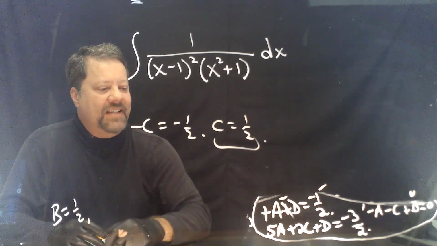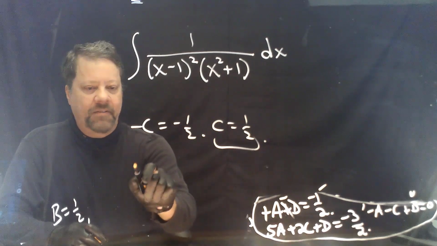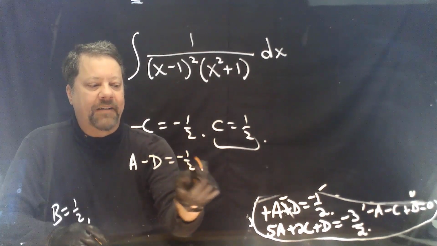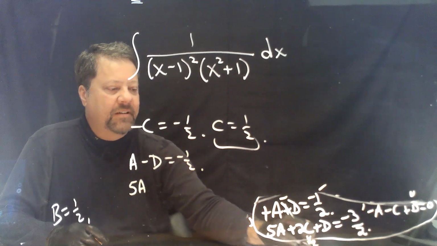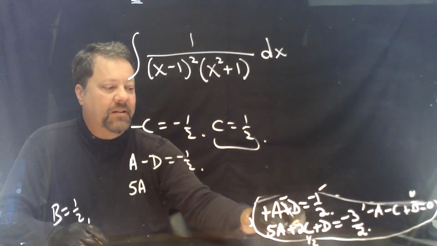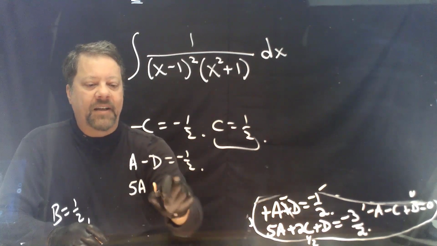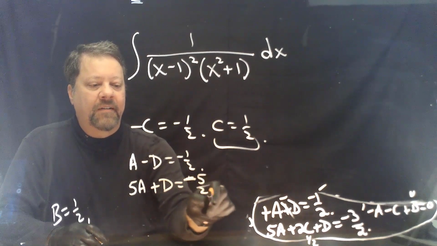Now that we know what c is, we can plug that in over here and get the 2 equations. A minus d equals minus 1/2, and 5a, if c is 1/2, 2 times a half is 1. Move that to this other side, we'll have negative 5 halves. We'll have 5a plus d is negative 5 halves.